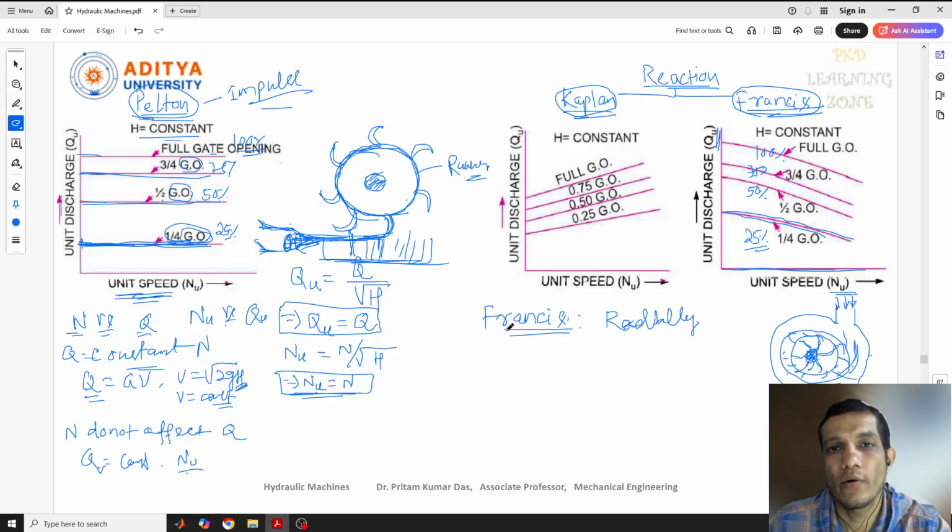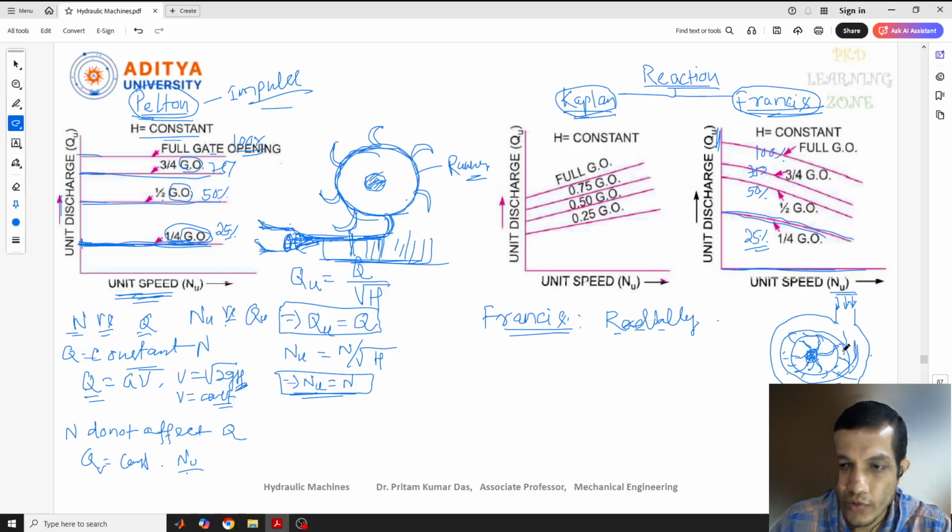In the older Francis turbine, it used to act radially, with inward radial flow and outward radial flow. But in the old Francis turbine, mostly the water used to flow in radially and go out also radially. But in the modern Francis turbine, the water comes radially inside and leaves axially. That's why it is called mixed reaction turbine.